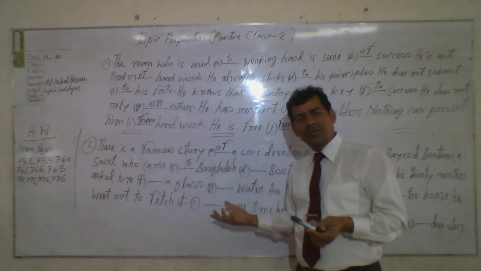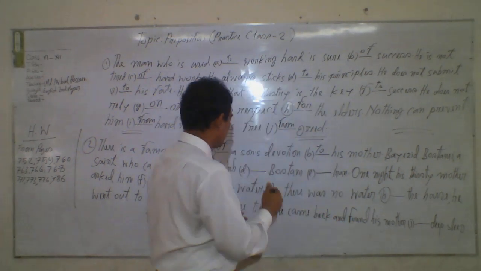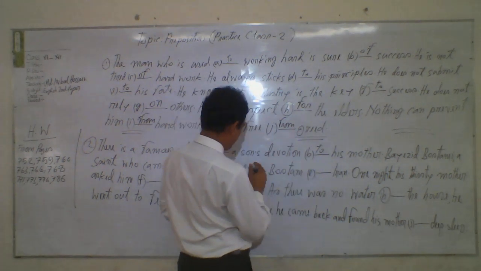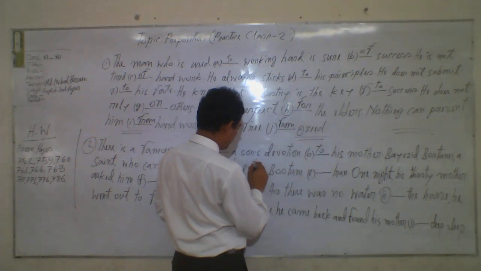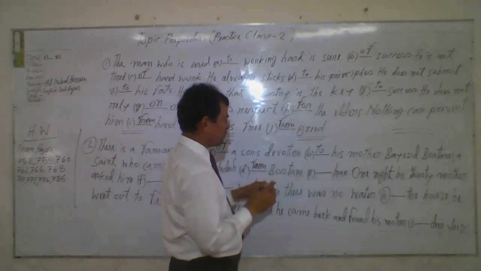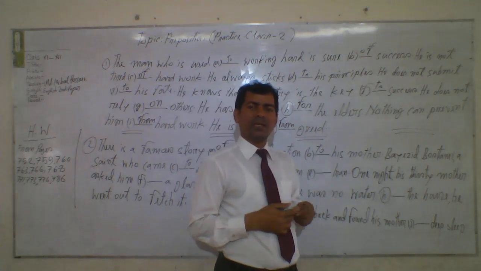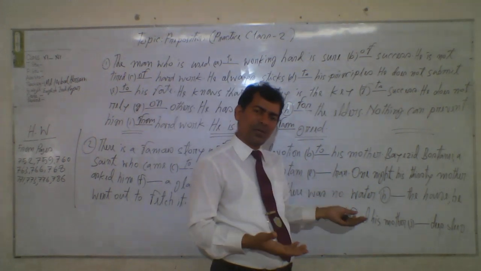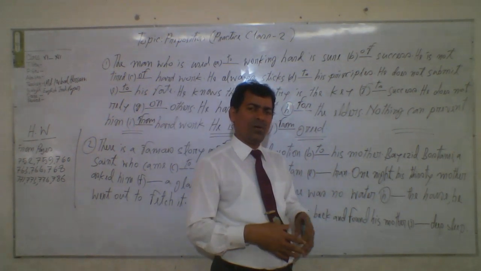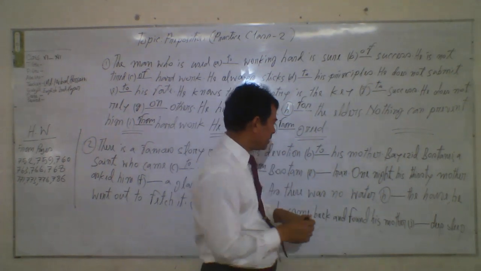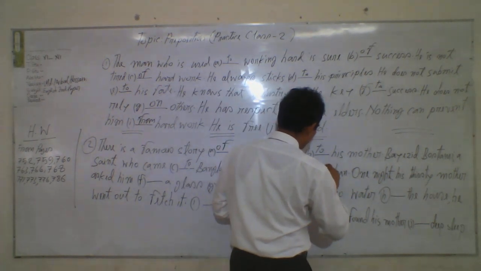It automatically comes from Boston. From Boston. You can either use of Iran, belonging to Iran, or in Iran. Where? In Iran. Both are correct here.